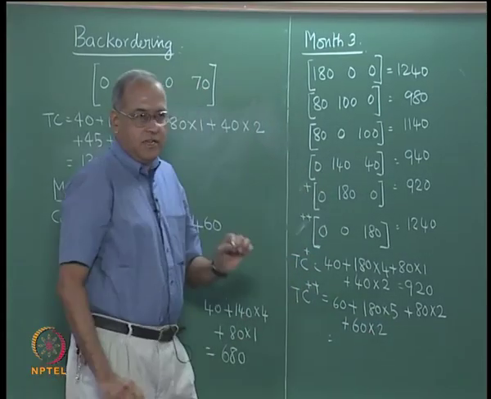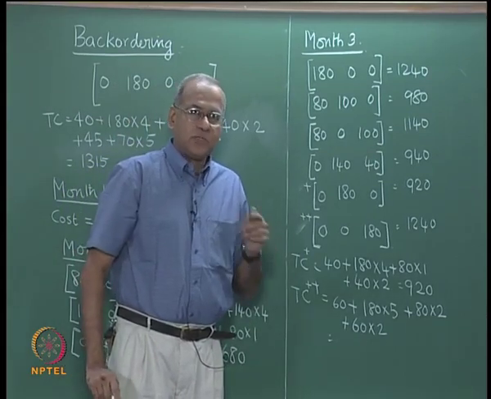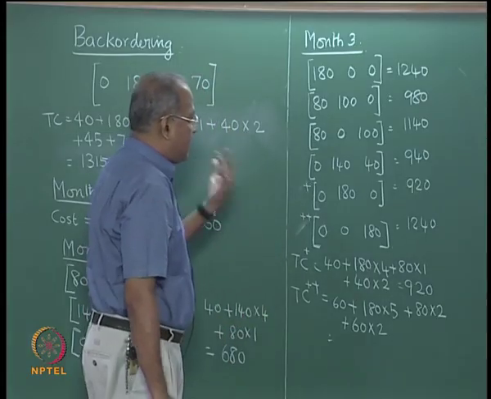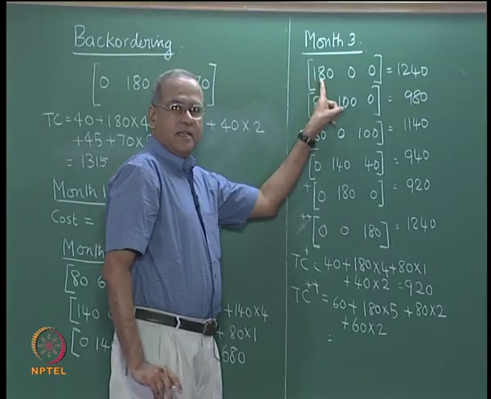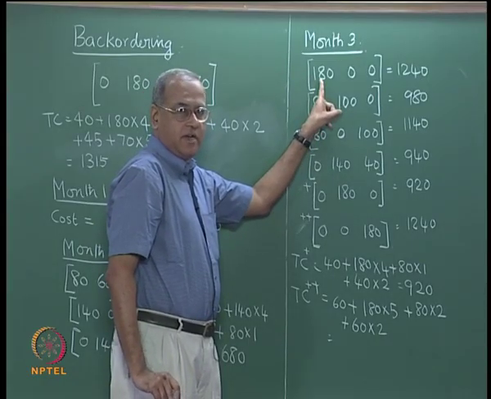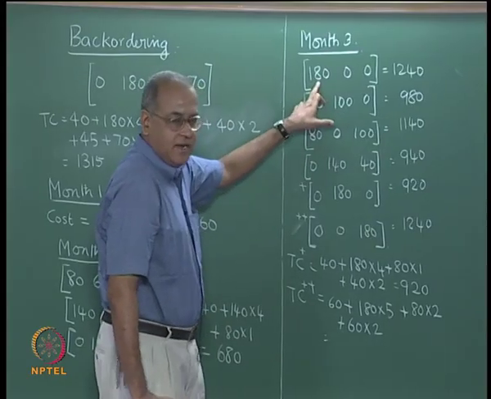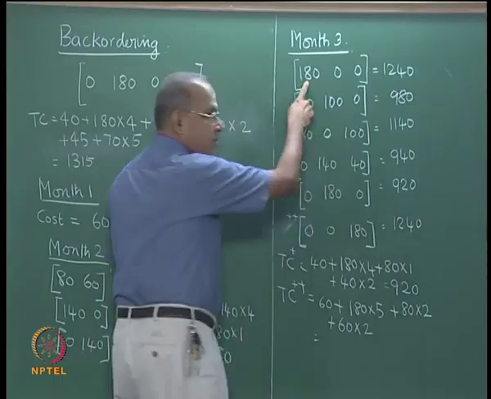We should note the difference in the way we compute the inventory cost as well as the way we compute the back order cost. In this particular example, when we did this 180 0 0, if I were to calculate the total cost here, out of this 180 that is produced in the first month, 80 is consumed.